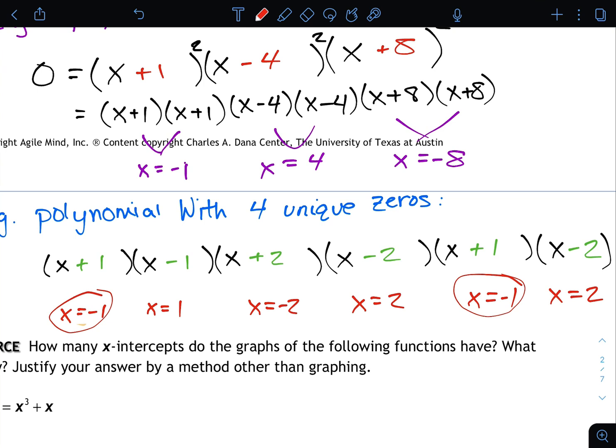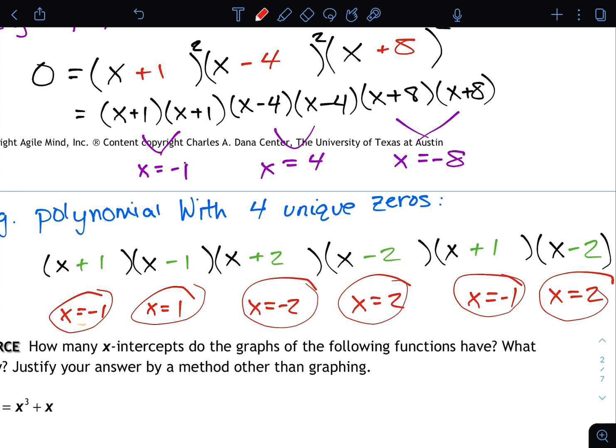I have it twice, so I only get to count it once. X equals 1 is unique. It's all by itself. X equals -2 is unique. And then x equals 2 is repeated. So I only have 1 unique out of that. I only have x equals 2. I would only really count it once, because after that it's repeated.